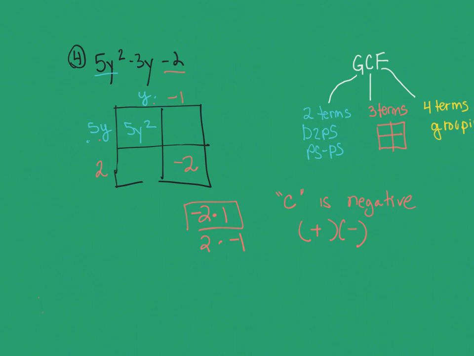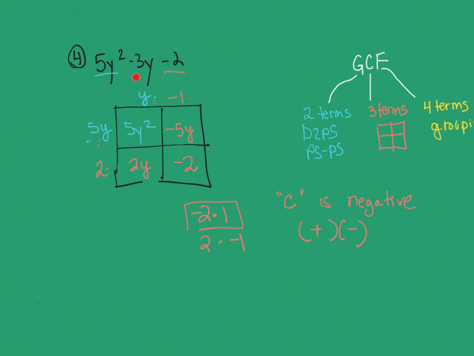And so now I'm going to take and say that we have 2 times y, that's going to be 2y. And then 5y times a -1 is a -5y. So when I go and check now, here's my y squared. 2y plus a -5y is going to give me a -3y.